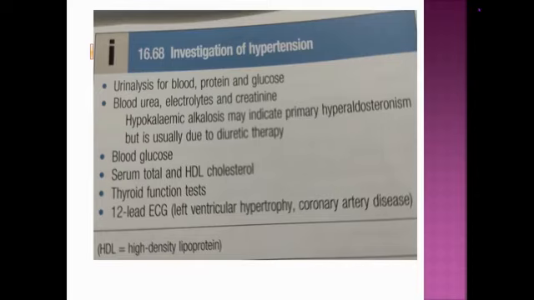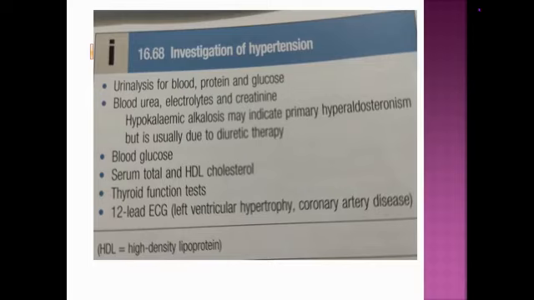Normal urine contains only a trace amount of protein. If there is mild, moderate, or severe proteinuria, it indicates underlying renal disease. Glucose indicates the patient may also suffer from diabetes mellitus, because hypertension is frequently associated with diabetes mellitus.